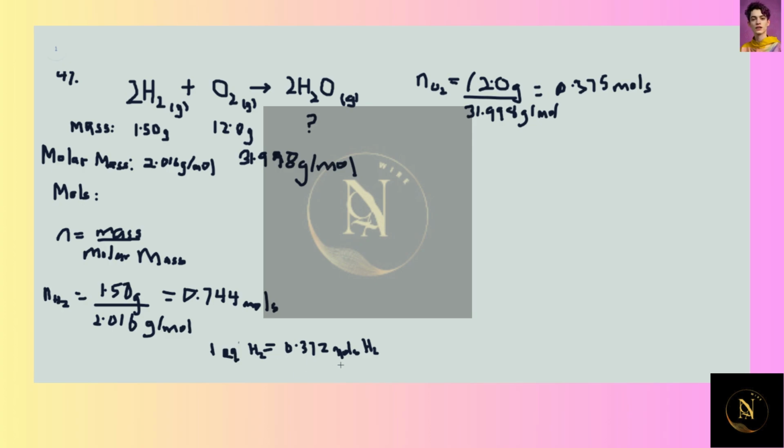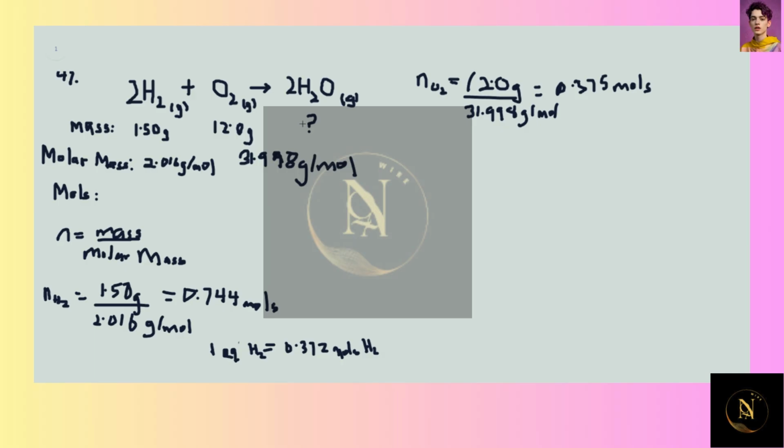That amount of moles is less than 1 mole of the oxygen that reacts. So in this chemical equation, we can be sure that hydrogen is the limiting reagent, because 1 equivalence of hydrogen is 0.372, whereas 1 equivalence of oxygen is about 0.375.